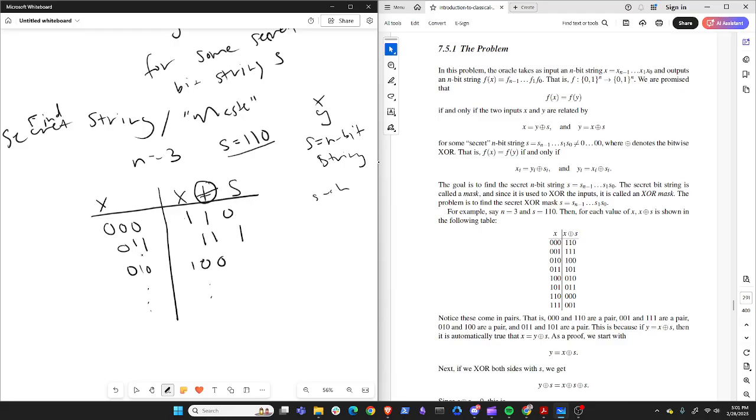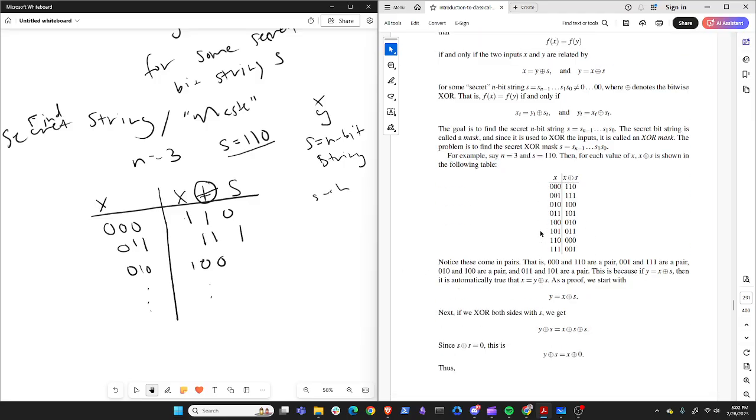So 0 and 110 are pairs. 0, 0, 1 and 111 are pairs. They switch places at those.